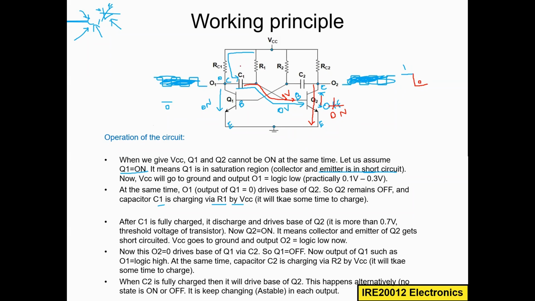This is the graph. And now what's happening? Because now it's 0 volt, right? This 0 is now driving the base of this Q1. So it means we are applying 0 volt to this base. Then what will happen?